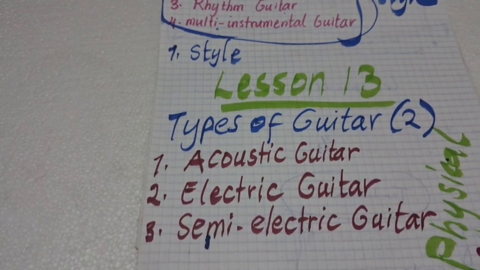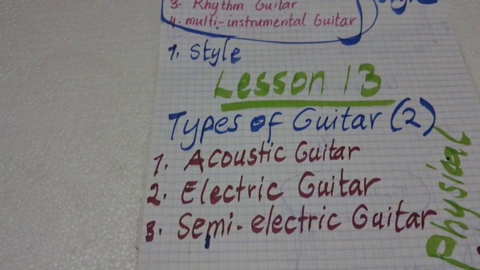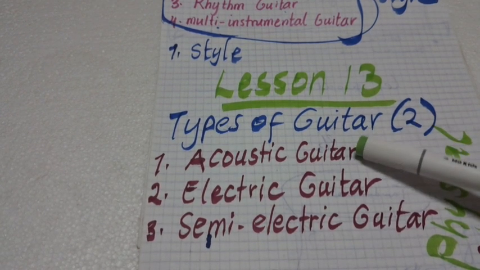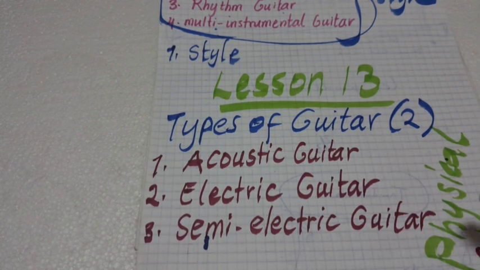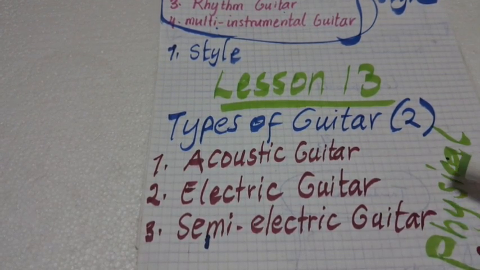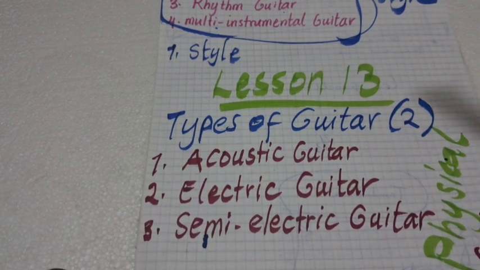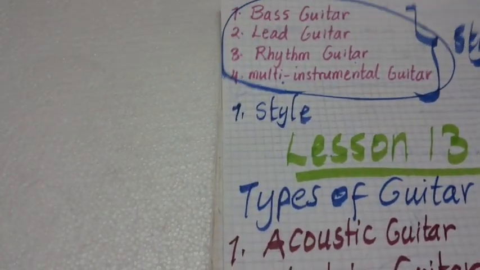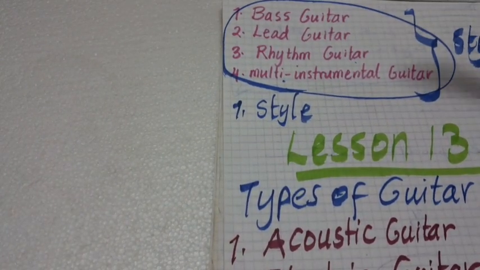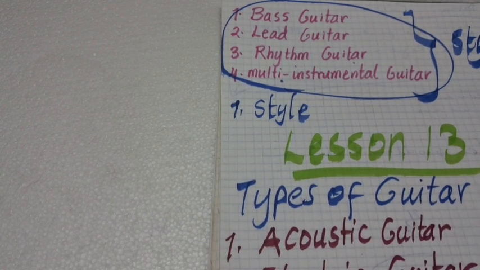Because of this part, you can just connect it like an electric guitar, but it will sound like acoustic guitar. So this is a division of guitar according to physical features. Please always distinguish the division of guitar according to style of playing and physical features.